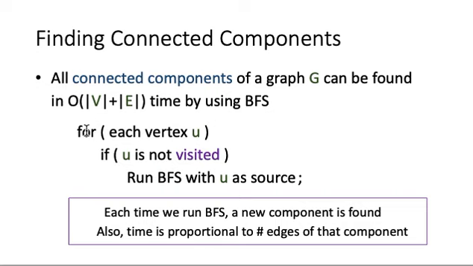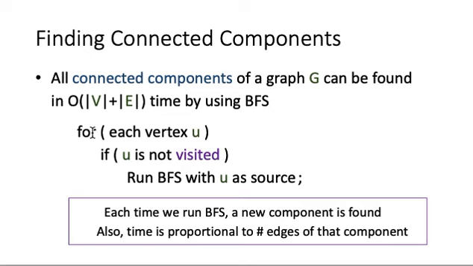Now what we are going to do is check each vertex u, one by one. If u is not visited, then we run BFS with u as the source vertex. Running this will eventually discover and visit u, and so on, so that all the vertices in the same connected component of u will be visited after this round.